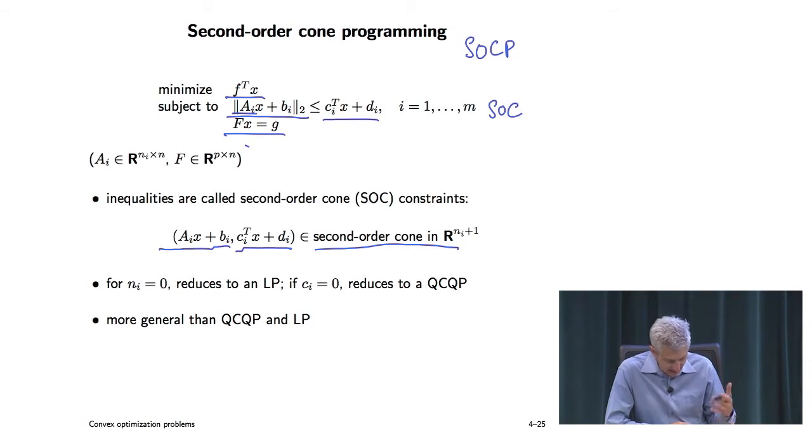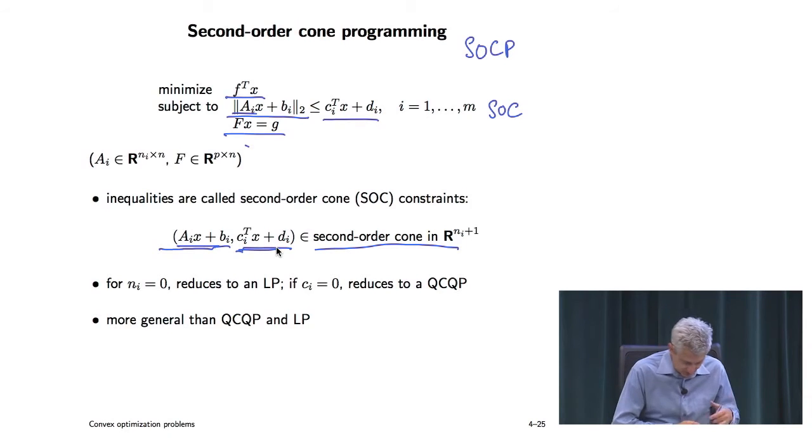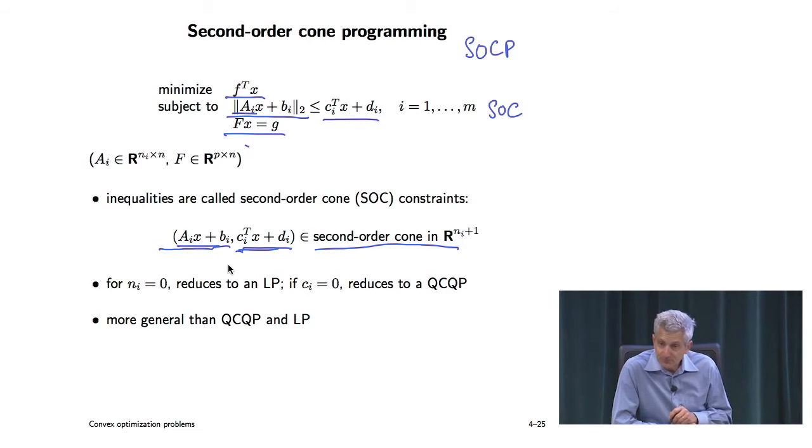It maps x into this pair. And so, it's an affine mapping. And then it says that has to be in the second order cone. Or another way to say it is it's the inverse image under an affine mapping of the second order cone. So that's what a second order constraint is.